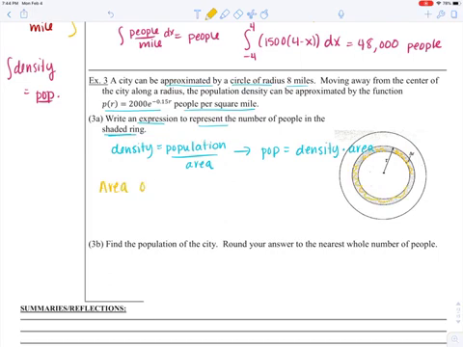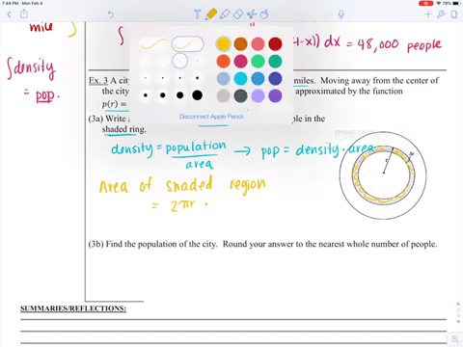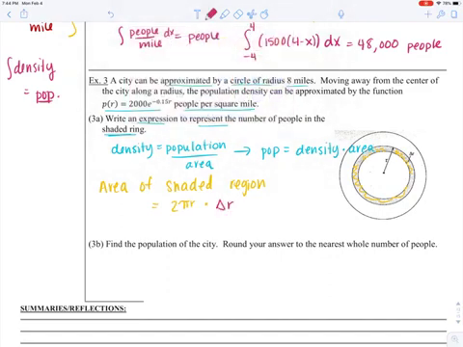So if I want to find the area of a shaded region, I'm going to need to multiply the circumference by its thickness. Circumference is 2 pi r, and its thickness is delta r. And you can see that right here. Now, this is the area of the shaded region, okay?